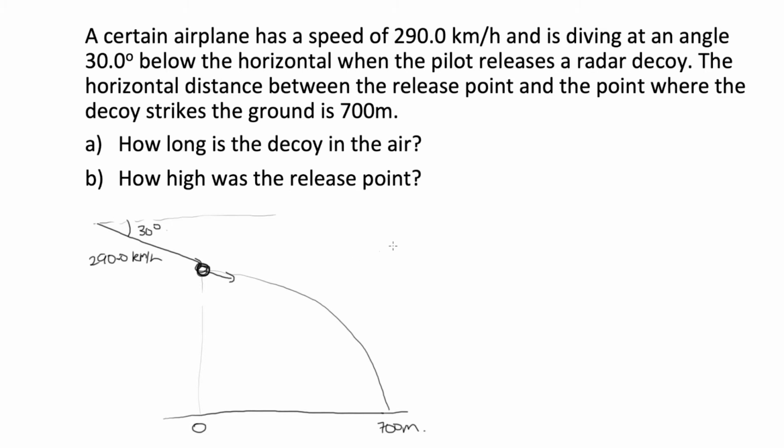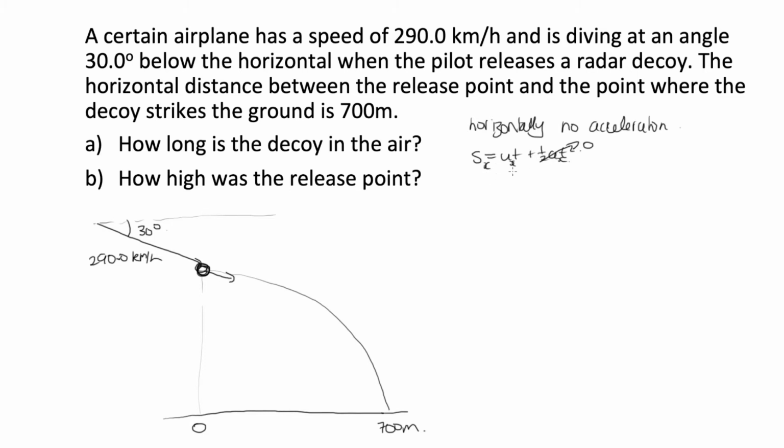Well, we know that horizontally there's no acceleration, which tells us that if we're using S equals ut plus a half at squared for our x components, the acceleration term is 0.